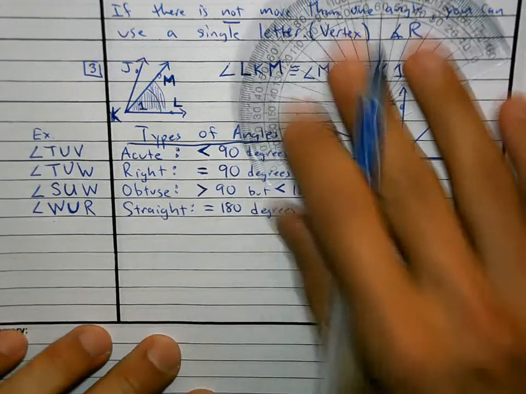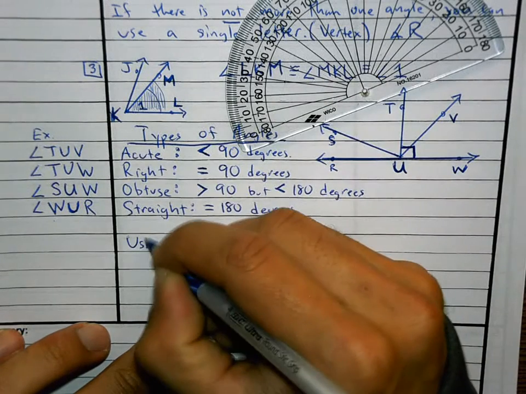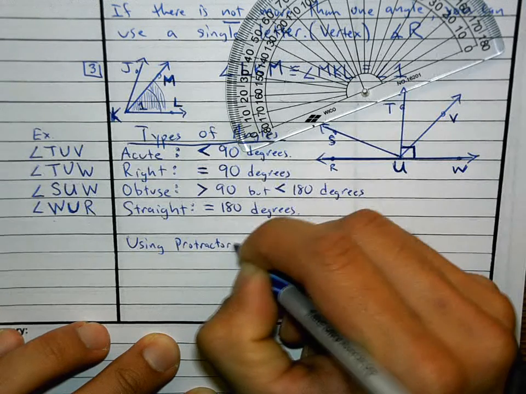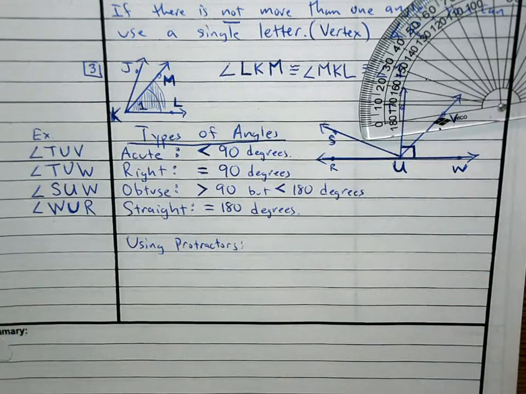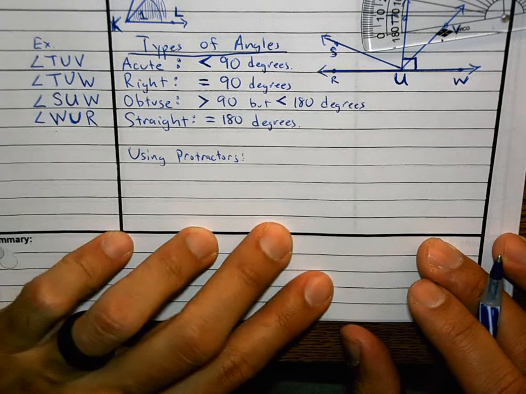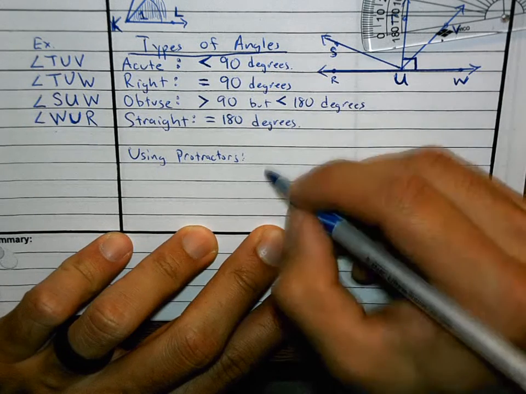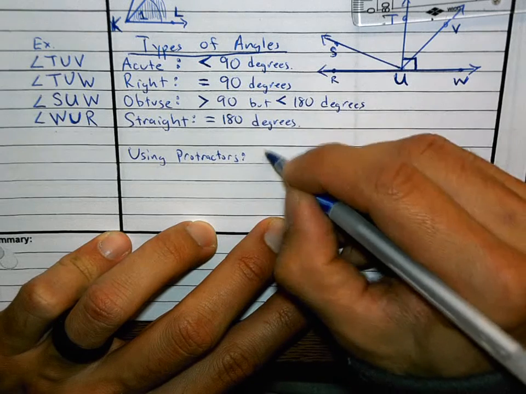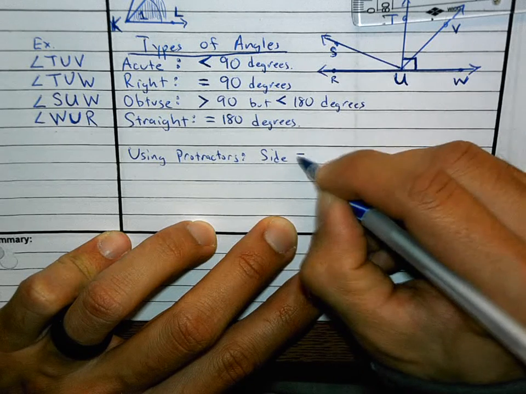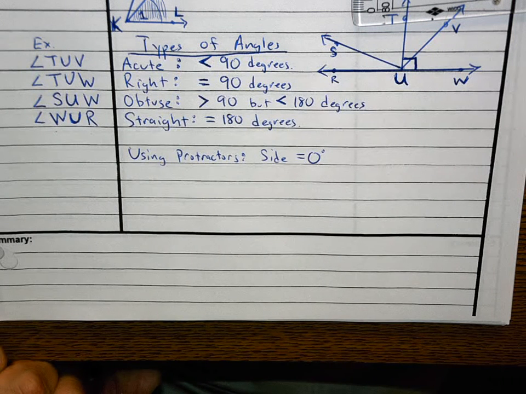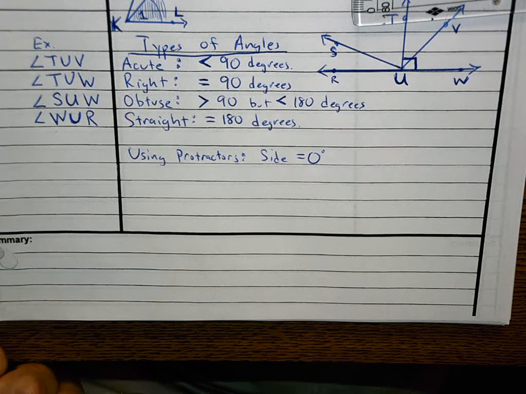Okay, I'm going to put using protractors as my next little blurb. When we use a protractor, one side of our angle has to be 0. Side equals 0 degrees. We have to start with the 0 degrees. It makes the most sense.